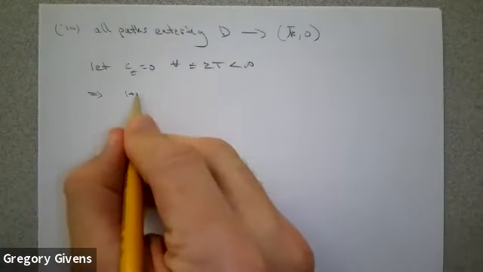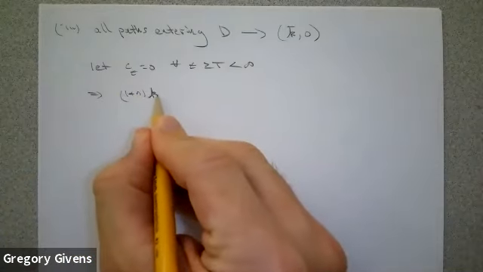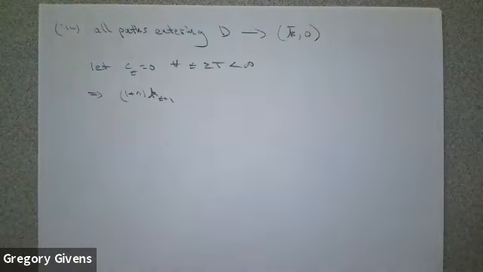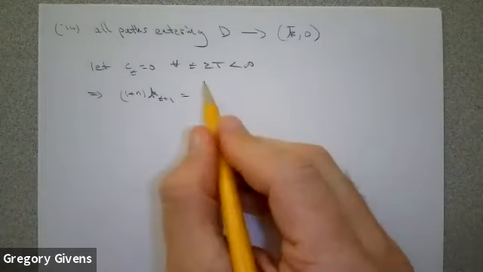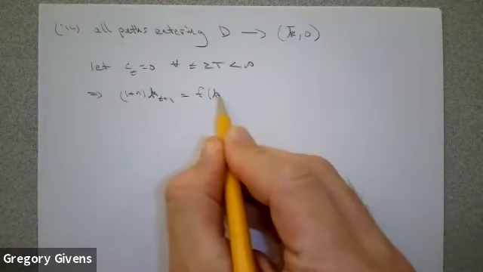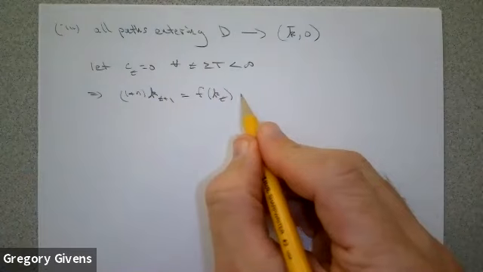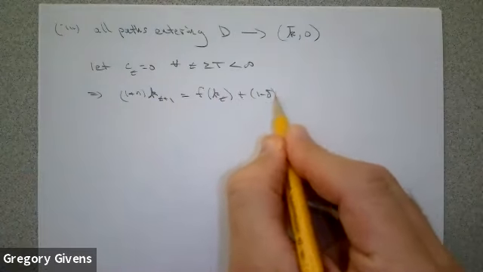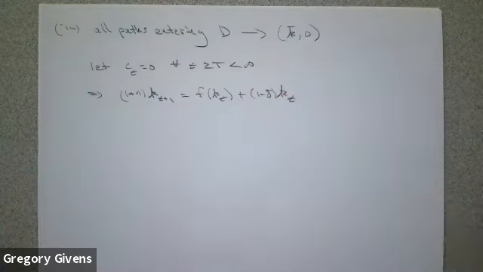Well, (1 plus n) times k_{t+1} will be equal to f of k_t plus (1 minus delta) k_t. That is simply the intertemporal solvency condition or resource constraint where we had set consumption equal to 0 forever.